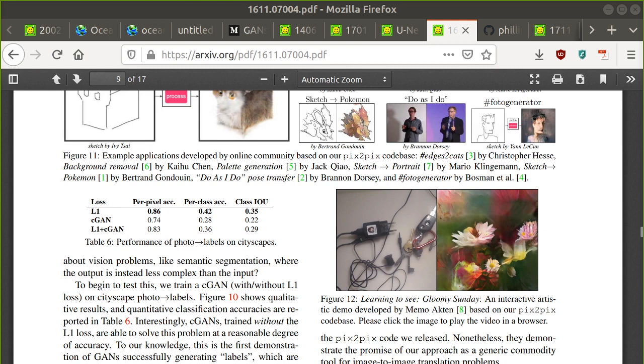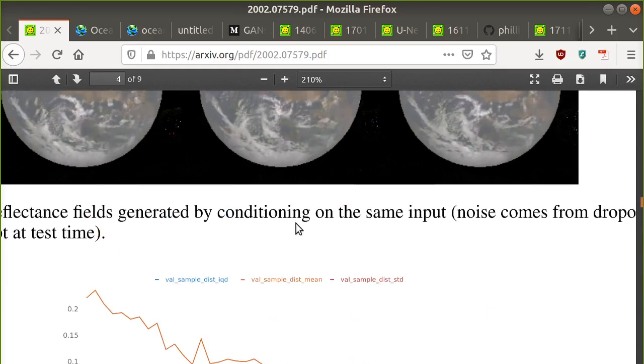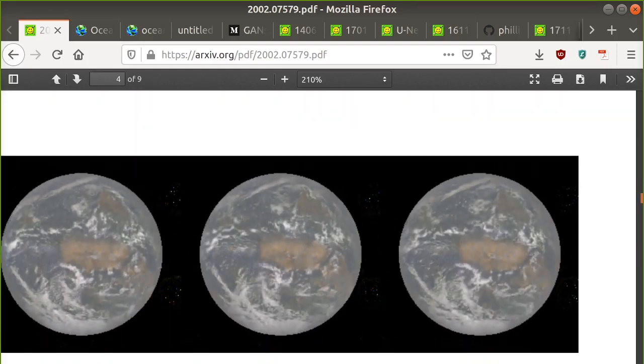Yeah, because I have to admit that I'm a little bit concerned about the usage of Dropout. They claim that they get diverse, different cloud fields out of it, but I don't know if they really capture the data uncertainty.